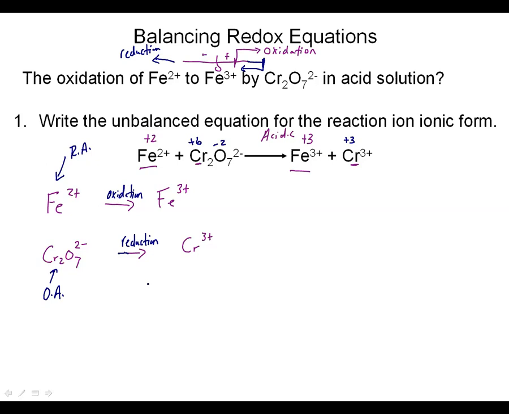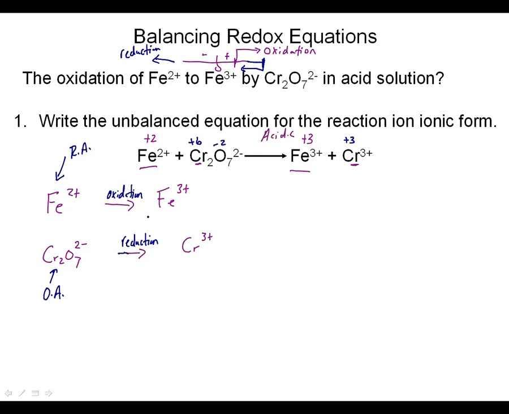The next thing that you want to do is balance everything other than oxygen, just like you normally would with a coefficient. In this case, we have one iron and one iron here, so they're both balanced.